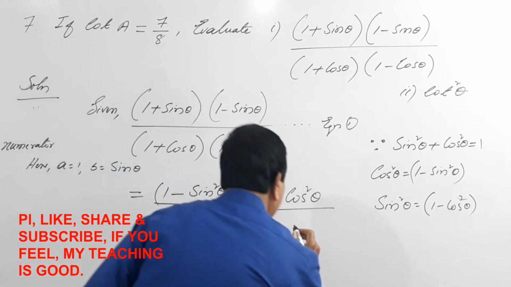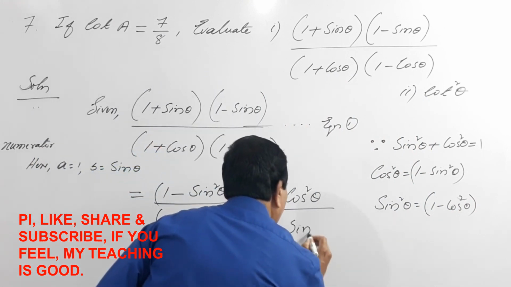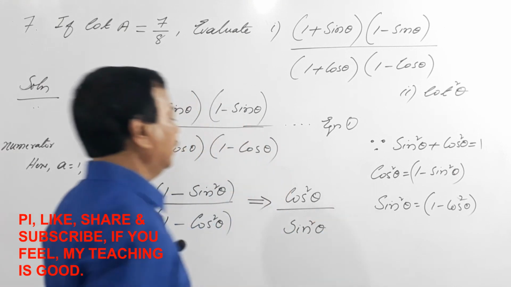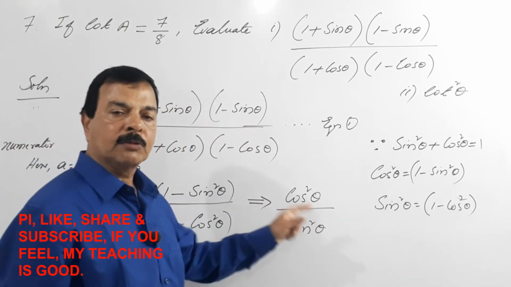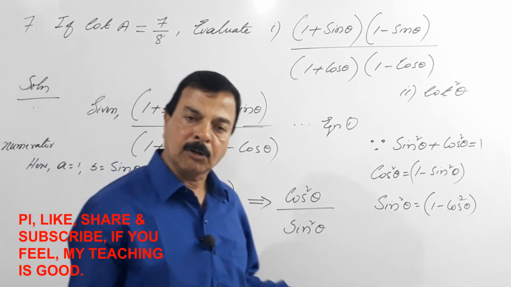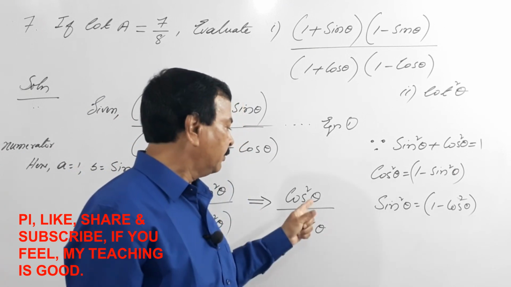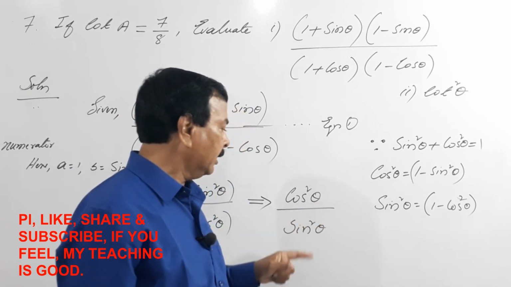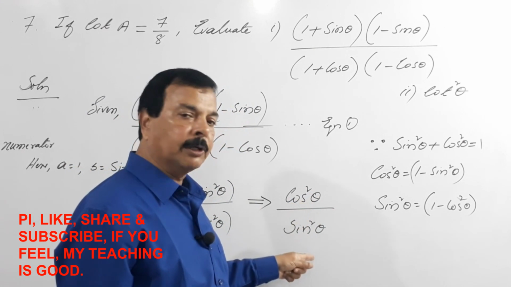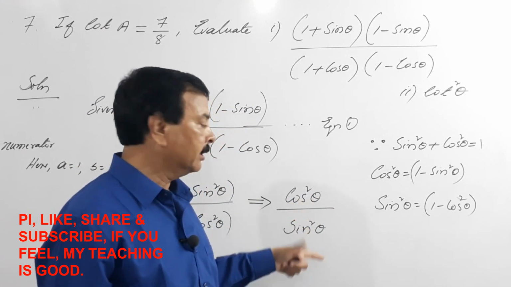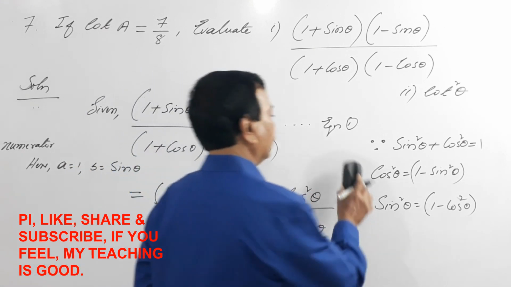Yes sir, write it down, why not? Sin square theta. What is cos by sin? Cos by sin is nothing but cot theta. But since we have square, it will be cot square theta. So cos square theta by sin square theta is nothing but cot square theta.